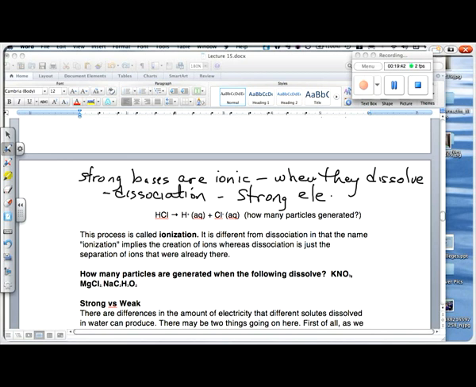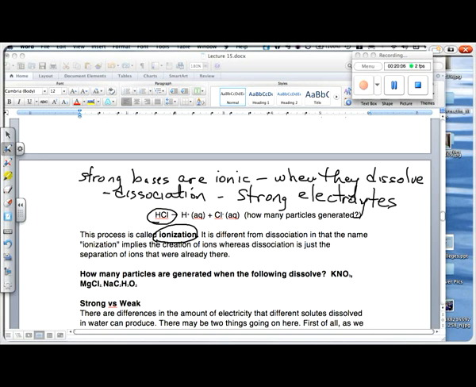Okay? Strong acids, on the other hand, are generally nonmetal. And so there were no ions there before. Now there was a polar bond there, and the interaction of the water molecule with the HCl molecule produces ions where there weren't any before. So that's called ionization.